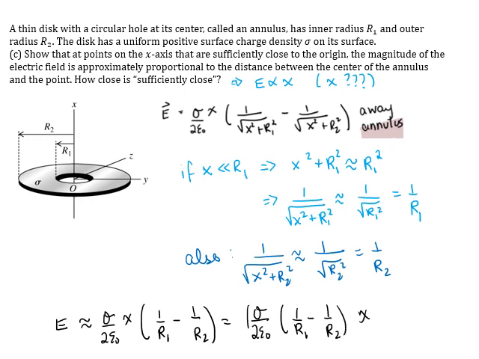All of this stuff in front of the x is constant. That means that E is proportional to x. And this expression that we just found is only true if x is much smaller than r1. So there's part C done.